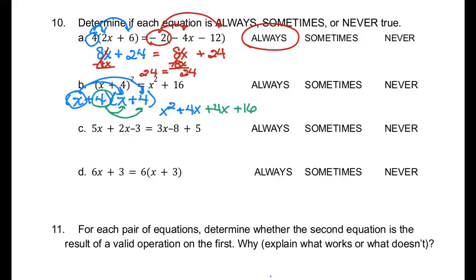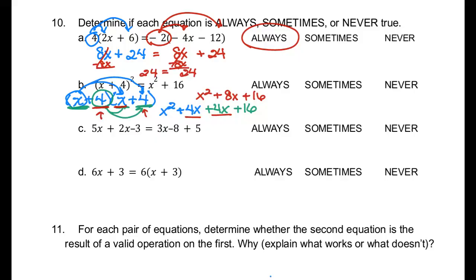So another thing that we called this was the FOIL method. First times first, outside times outside, inside times inside, and last times last. FOIL method. That only works when you are multiplying two binomials. Now, when I simplify this, I get x squared plus 4x plus 4x is 8x plus 16.